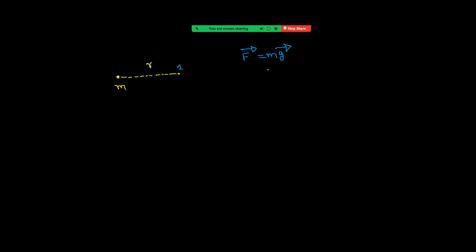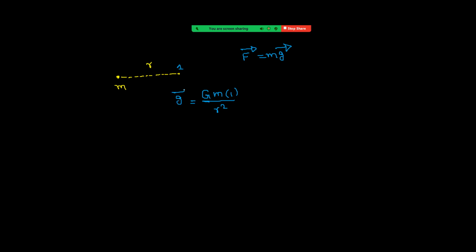And that force gives us the strength of the gravitational field, right? Say force how much? It is equal to G m1 m2 by the square of the distance, r square. Okay. This is giving us the modulus of force, or I can say it is the modulus of g bar.